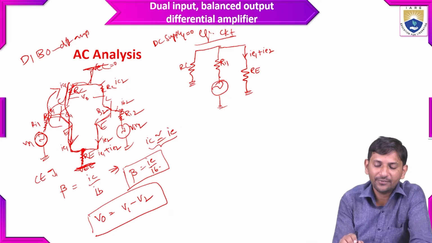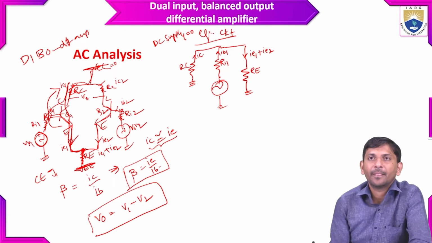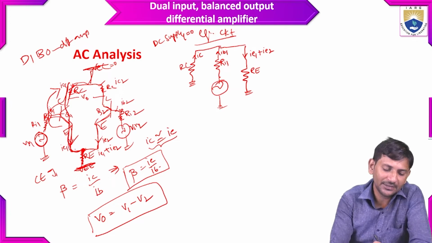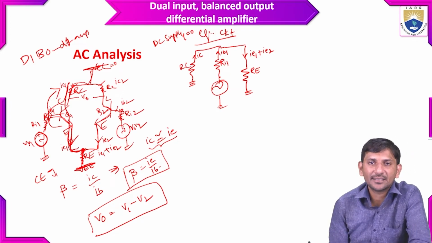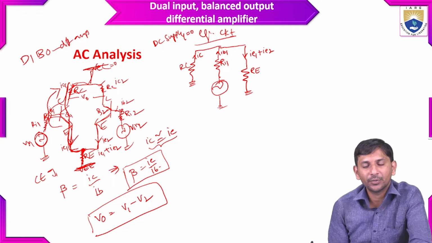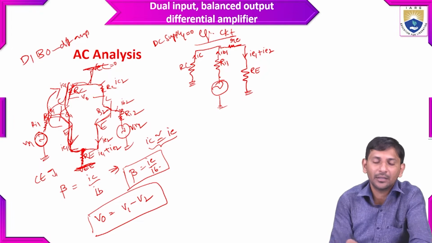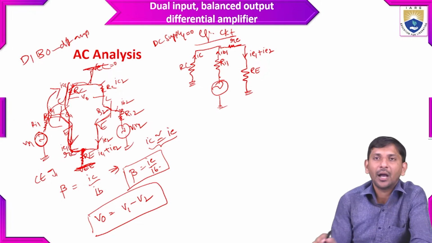Now we should not forget that here this internal current is IB1 and here the collector current is IC. And the emitter consists of the internal resistance, the dynamic resistance, of your Q1 and Q2 transistors. The dynamic resistance can be expressed at the emitter terminal as RE. It will be RE internally.